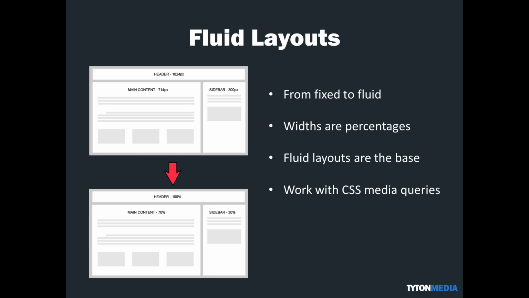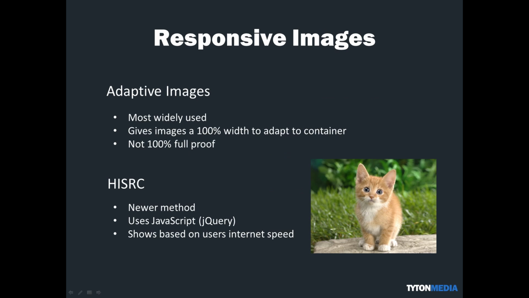So instead of giving an exact pixel, you're giving a percentage. So it's saying only cover 70% of the screen, only cover 30% of the screen. And this way, your website will grow and shrink depending on what device a user is accessing it from. And in order to do this, you have to use some CSS media queries to arrange, hide, and show content depending on what the user's device is.